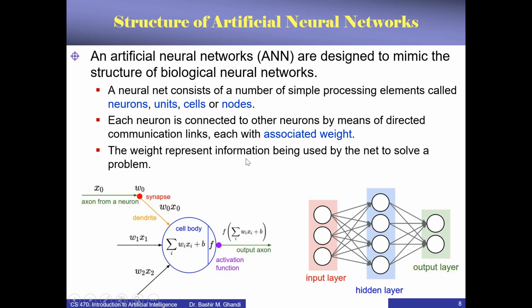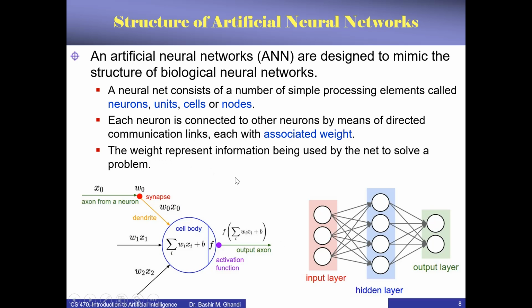So the weight represents information being used by the net to solve a problem. As we shall see, the learning process that takes place in a neural network simply means adjusting these weights so that the expected output is reached.